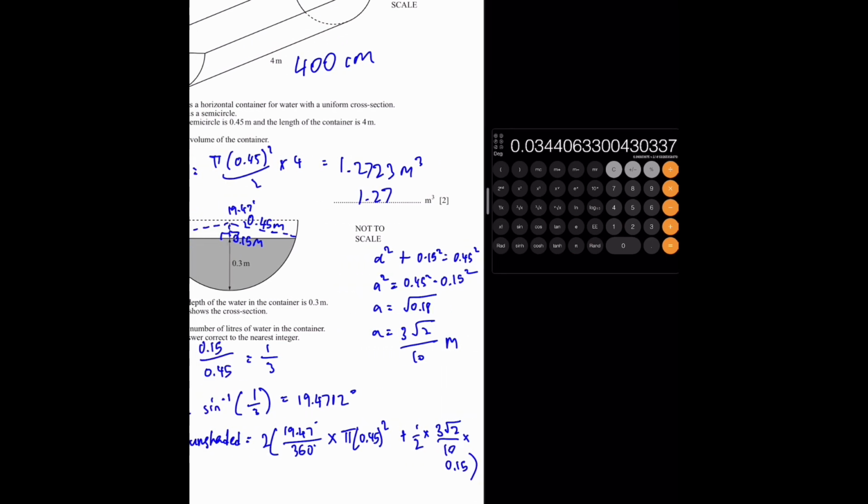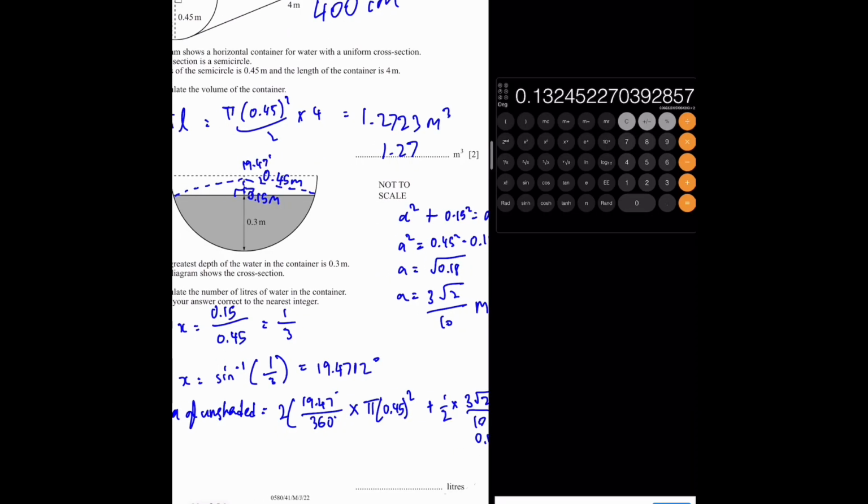And then we add half into 3 into root 2 divided by 10 and then multiply by 0.15. That's equal to this value, 0.0662, and then when you multiply the full thing by 2, we get 0.13245, and that's in meters squared.